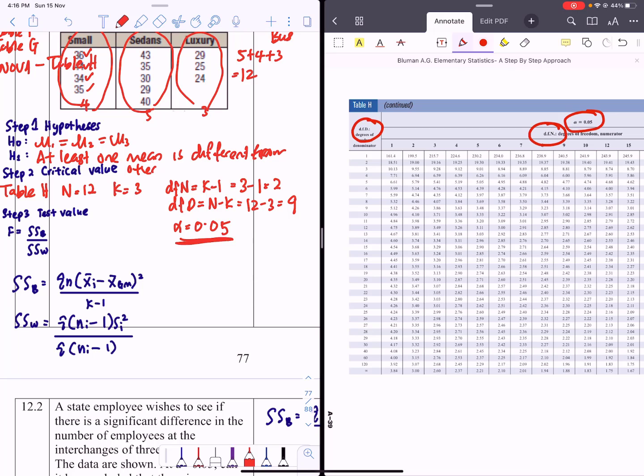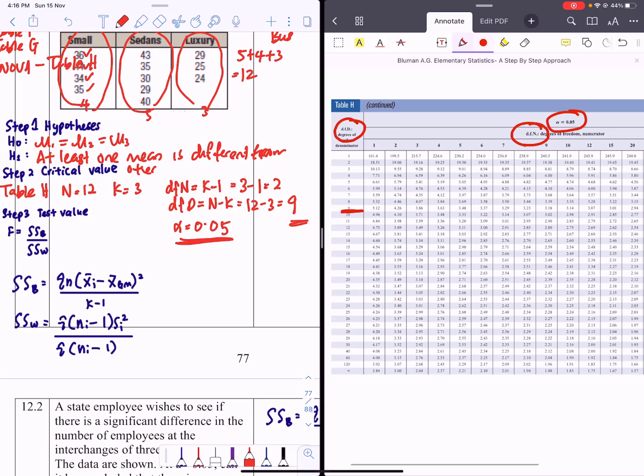What is the value of DFD? 9. Then we take 9. Value for DFN is 2. Then we get 4.26. The critical value equals 4.26.